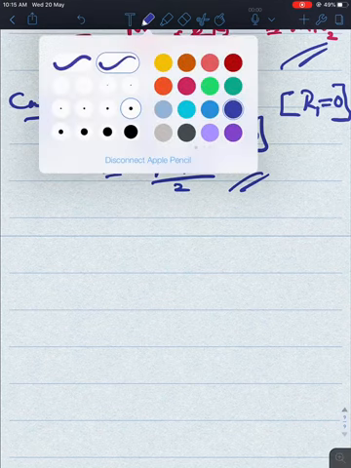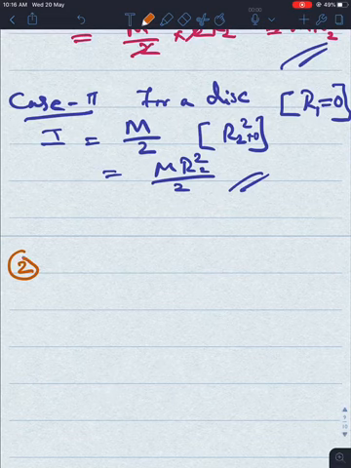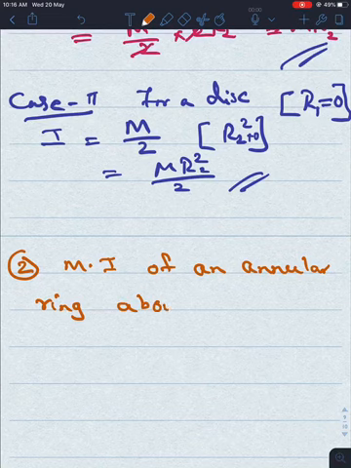Now we can derive the next one, that is moment of inertia of an annular ring about a diameter.